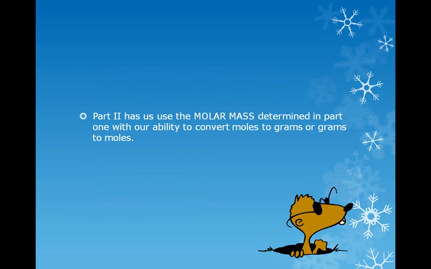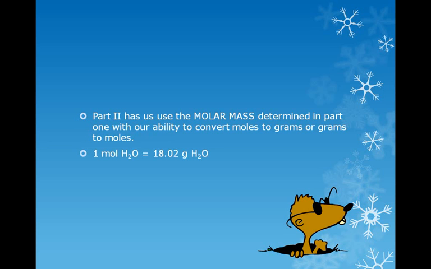In part 2, we use the molar mass determined in part 1 with our ability to convert moles to grams or grams to moles. Remember from the previous slide that 1 mole of water has a mass of 18.02 grams.